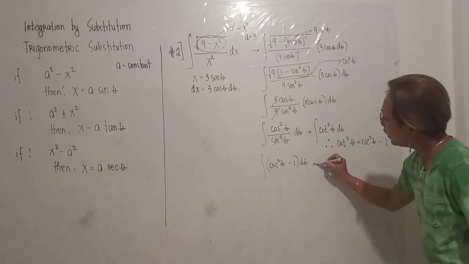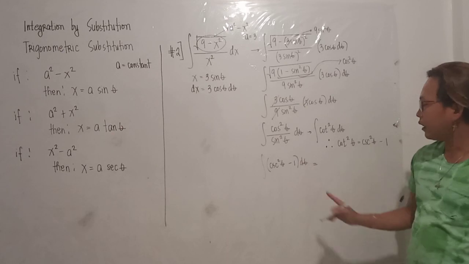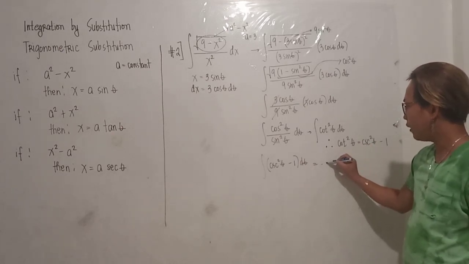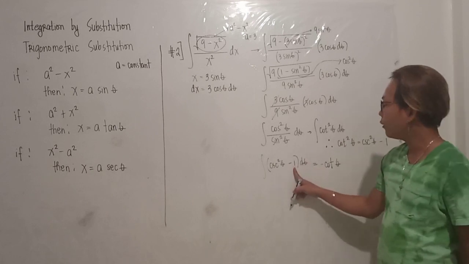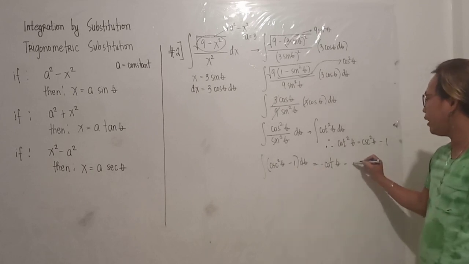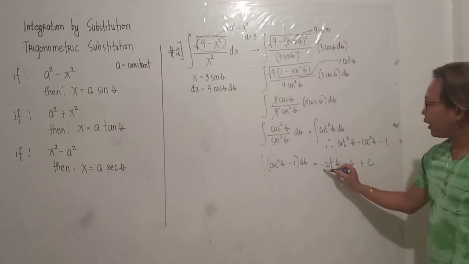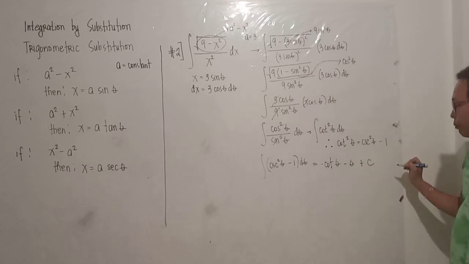Then the integral of this equation is, cosecant squared d theta is negative of cotangent theta. Then d theta is minus theta plus c. But you need to find the value of the cotangent theta and the theta.